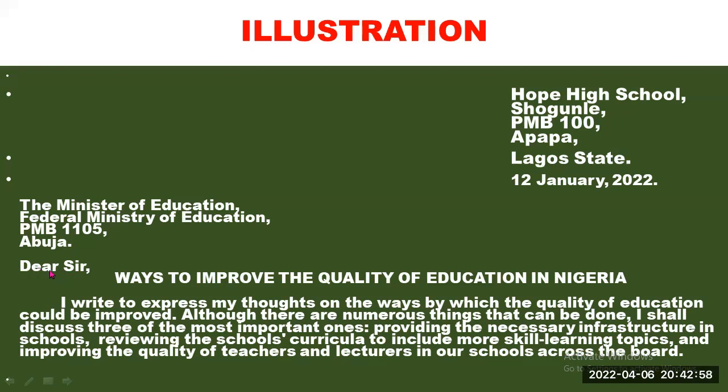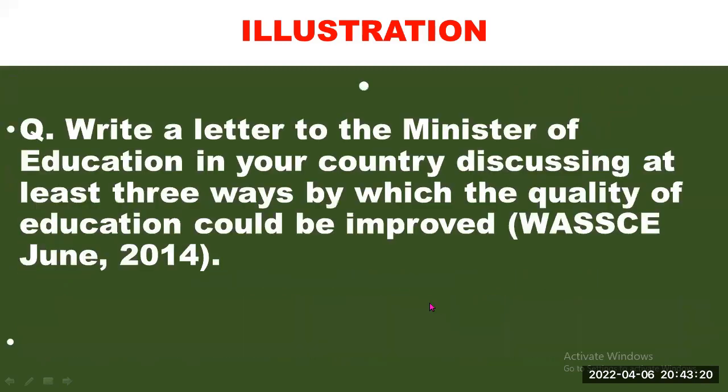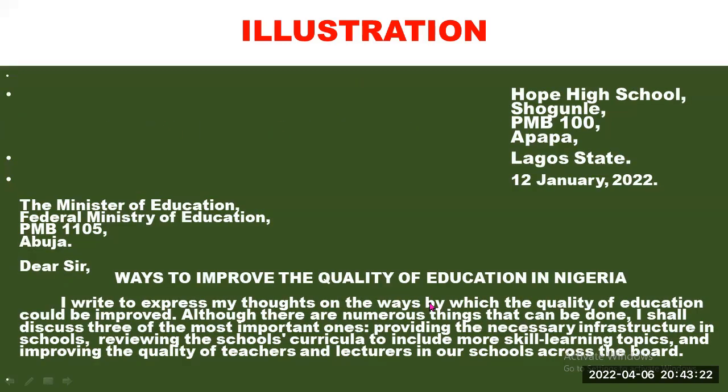Some will leave a space here and then come here and start writing dear sir, all right? That space you leave here is unnecessary. So start your dear sir from the margin, on the same margin as this. Then the title is centralized here, all right?